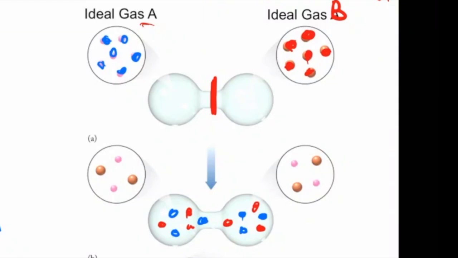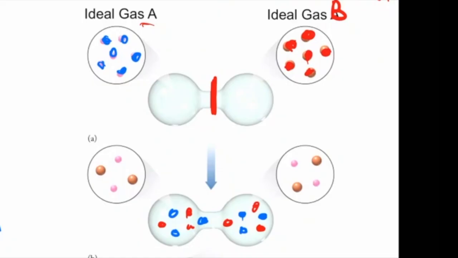Where's the energy coming from to cause that random dispersion? Because we're not changing the pressure. We're not changing the volume. The pressure is the same on both sides. There's no energy being added to the system. All we're doing is removing the door. Yet we know that these atoms are going to disperse in this way. And that's the driving force. We're increasing the entropy. The more disorder there is, the more randomly you can disperse the energy, you get an increase in entropy. So this is your homogeneous mixture.